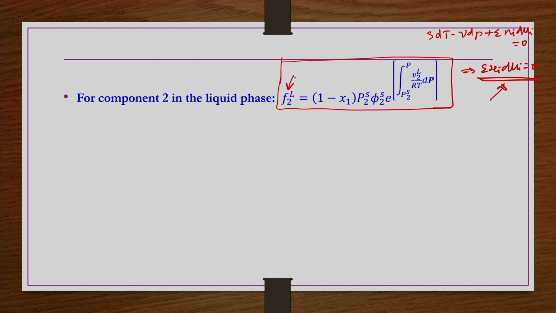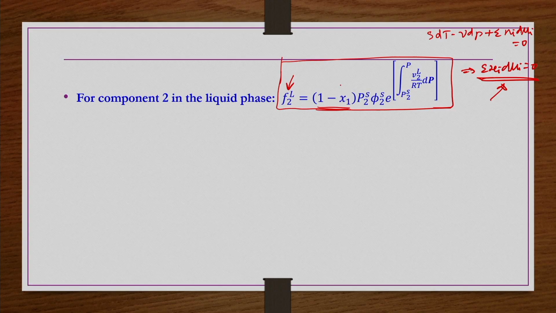For the second component, F2L is P2S Phi2S exponential of integral V2L by RT dP multiplied by x2. But x2 is very small, because the solubility of gas in the liquid phase is very small. That is the reason we are taking 1 minus x1 here.